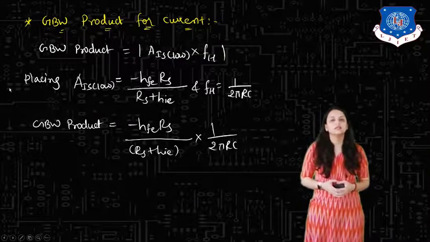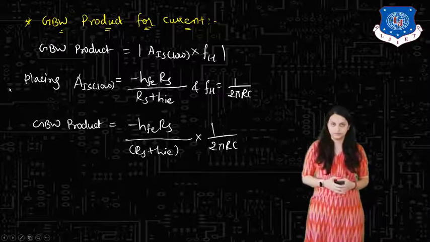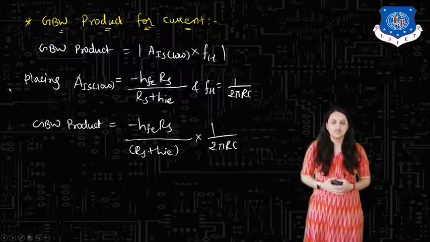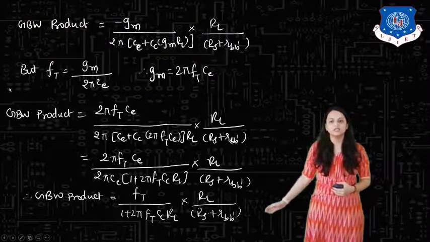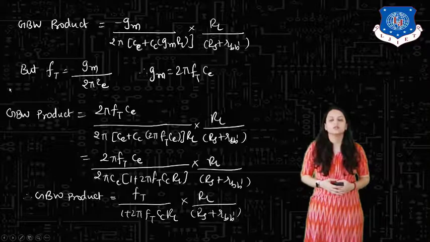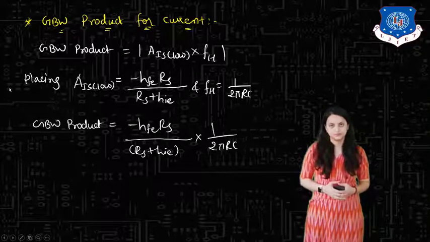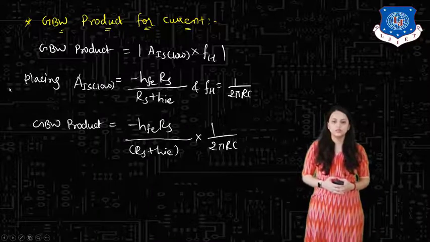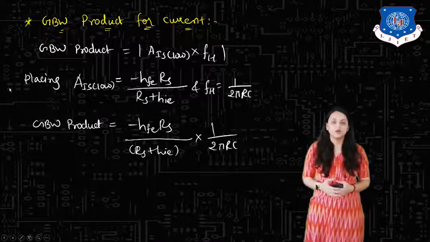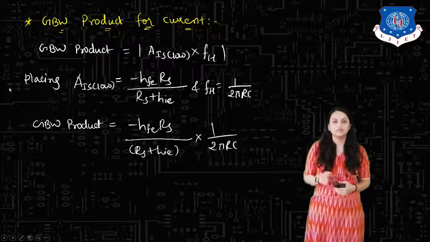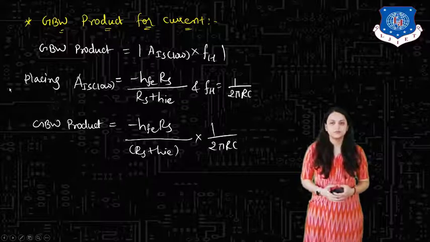Now let us see the next, that is the GBW product for current. Till now we have seen the GBW product for voltage, and we have obtained the equation of that. Now let us see that for current. The GBW product for current is given as the multiplication of AIS at low frequency, that is the current gain, into FH.